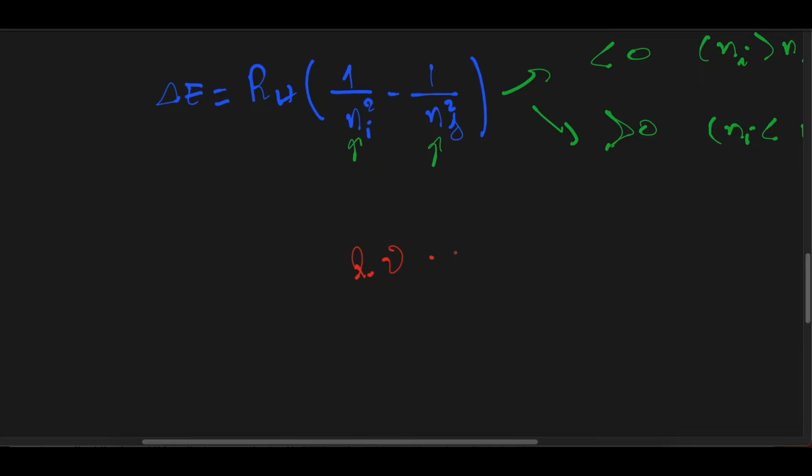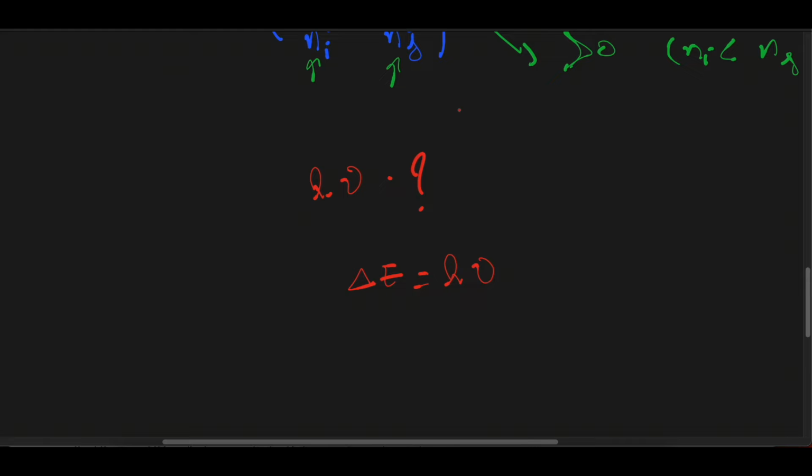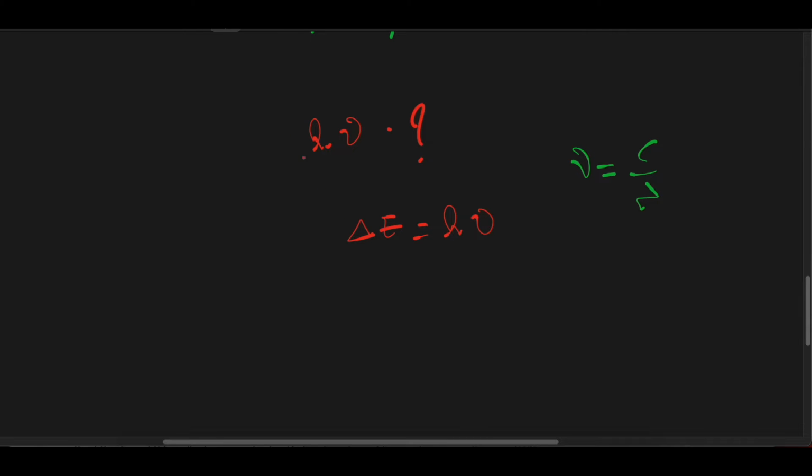So how can we get the wavelength of this photon? We just set the energy difference equal to h nu, and we know that the frequency is equal to c over the wavelength. So we can calculate the wavelength of this photon through this relationship.